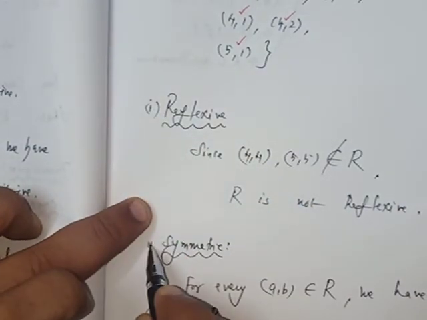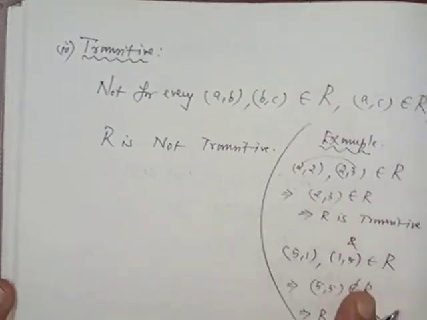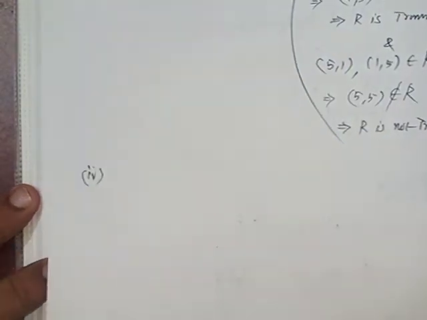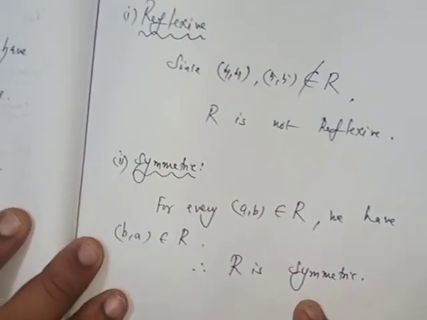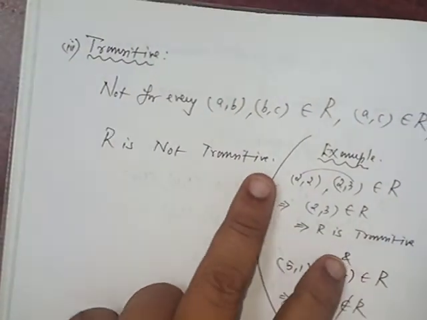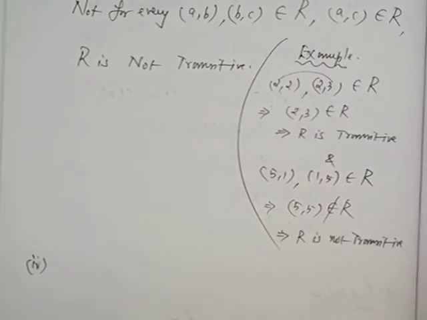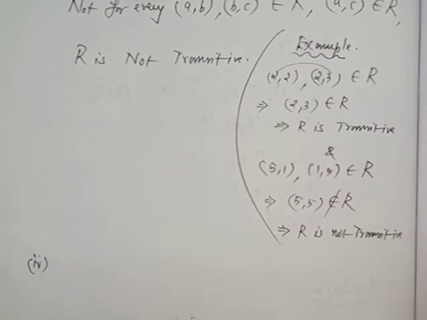Subdivision 1, subdivision 2, subdivision 3, and finally subdivision 4. Even though R is symmetric, we have proved R is not reflexive and not transitive. The final result: R is not an equivalence relation. Even if one case fails, finally we say R is not an equivalence relation.